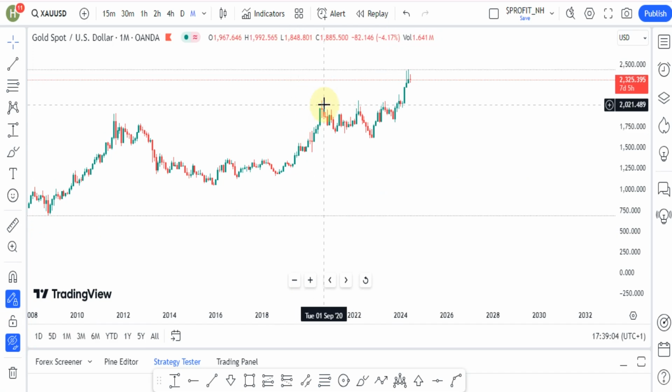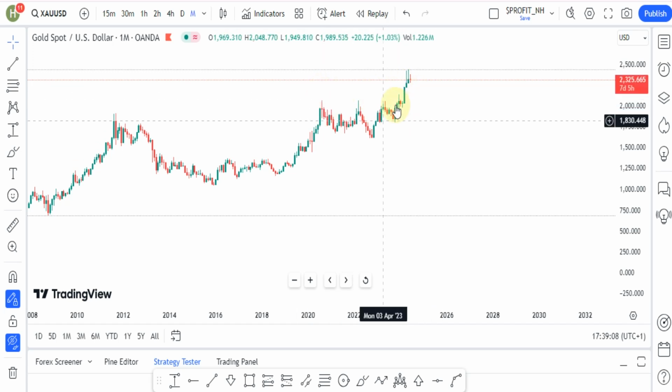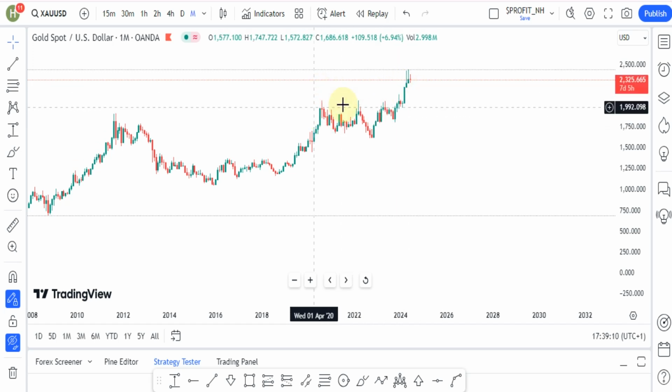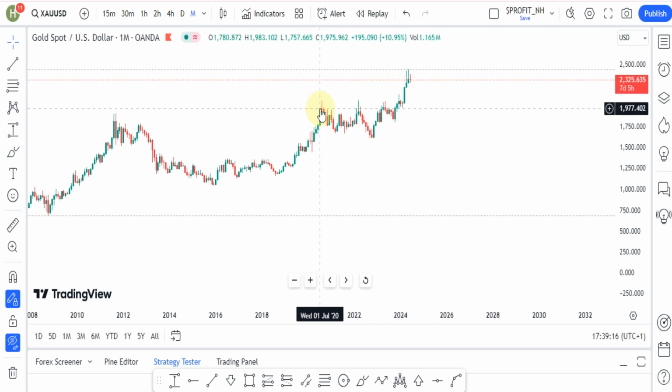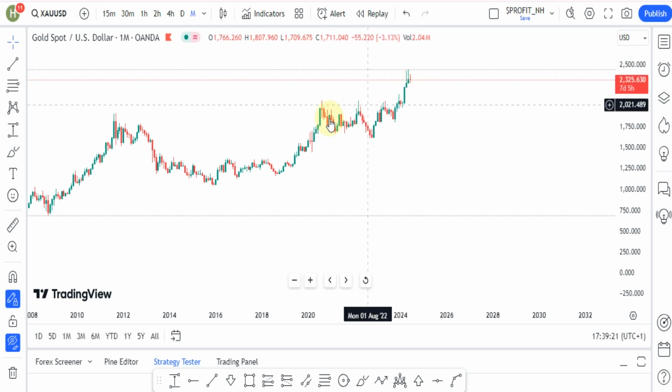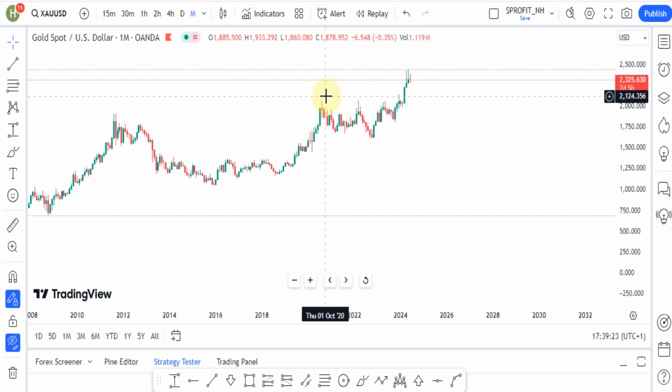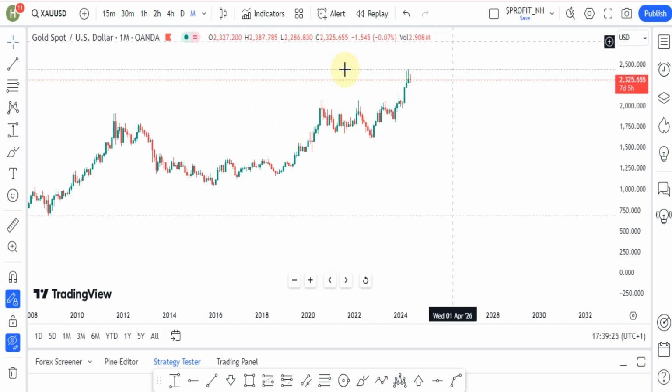So we should expect this market to come to this area down here, because from this bigger time frame, after the market broke above this area, it didn't give us a retest. We didn't have any retest of this support that we have at this point. So there's a probability of the market coming down all the way from up here to give us a retest at this point before probably continuing to push upwards.